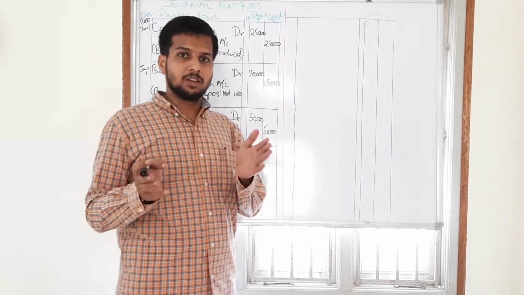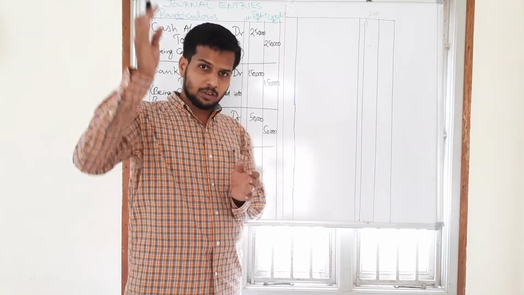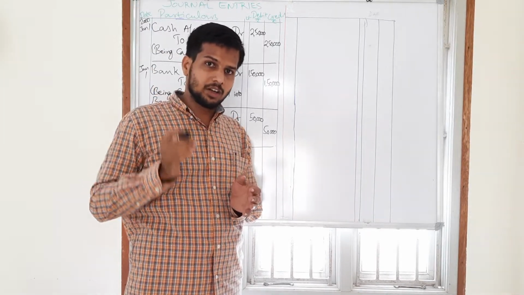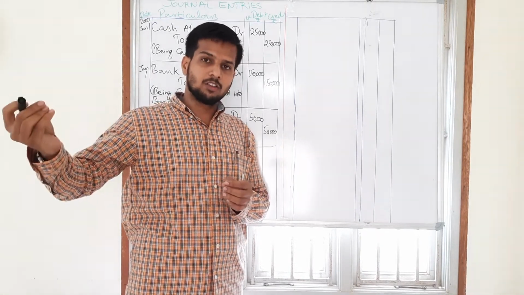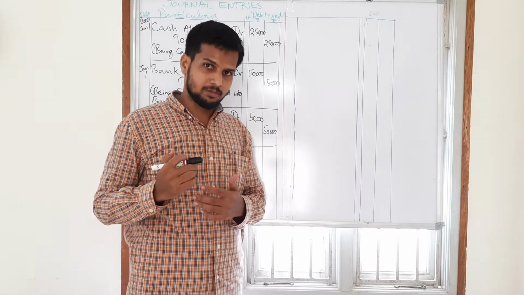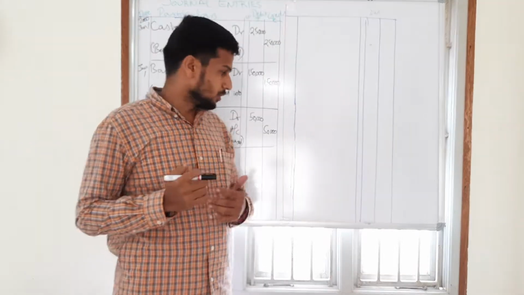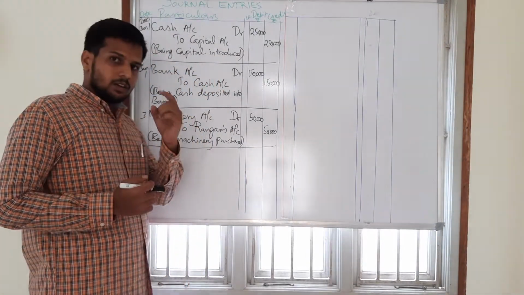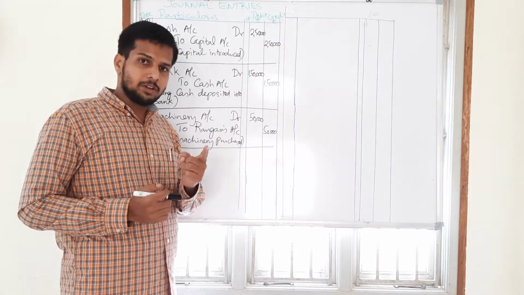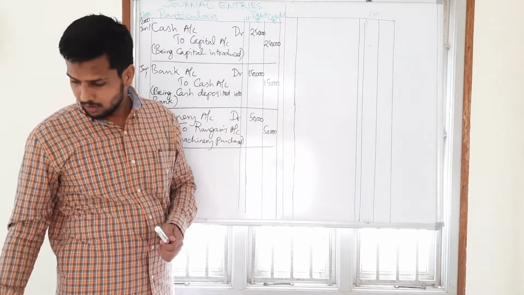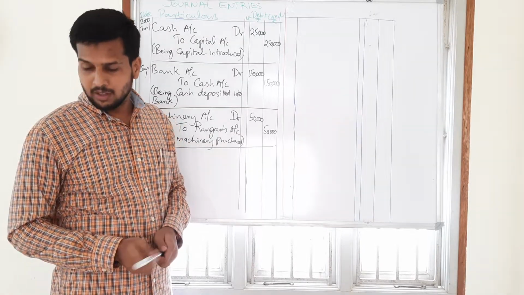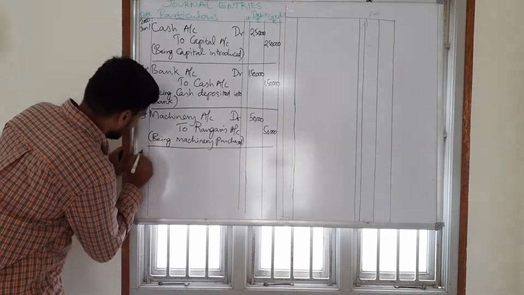Cash also comes under real: debit what comes in, credit what goes out. The cash goes out of the business for the purpose of buying the furniture, so it should be credited. So the furniture account should be debited and the cash account credited. The date of the transaction is January 6.